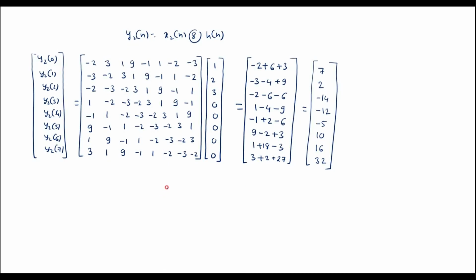So similarly now we'll perform y3 of n, which is equal to subblock x3 of n circular convolution with h of n. I will write y3 of n sequence, column matrix, y3 of 0, y3 of 1, 2, 3.